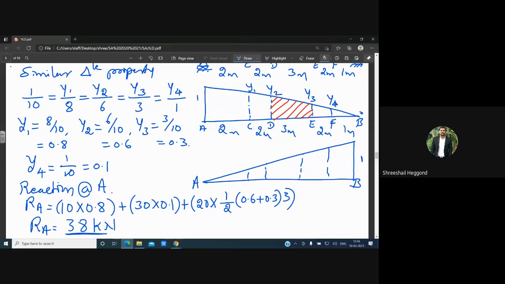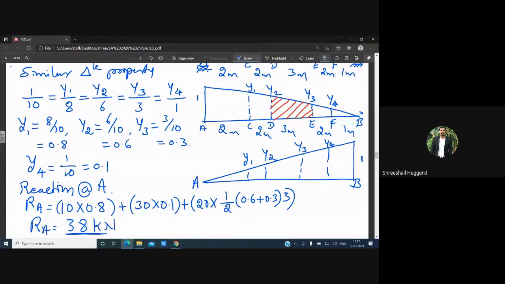Therefore, the maximum ordinate will be 1 at B point. We need to calculate y1, y2, y3, and y4. These four ordinates we need to calculate, and after calculating the ordinates, we need to multiply with the quantity of load applied.